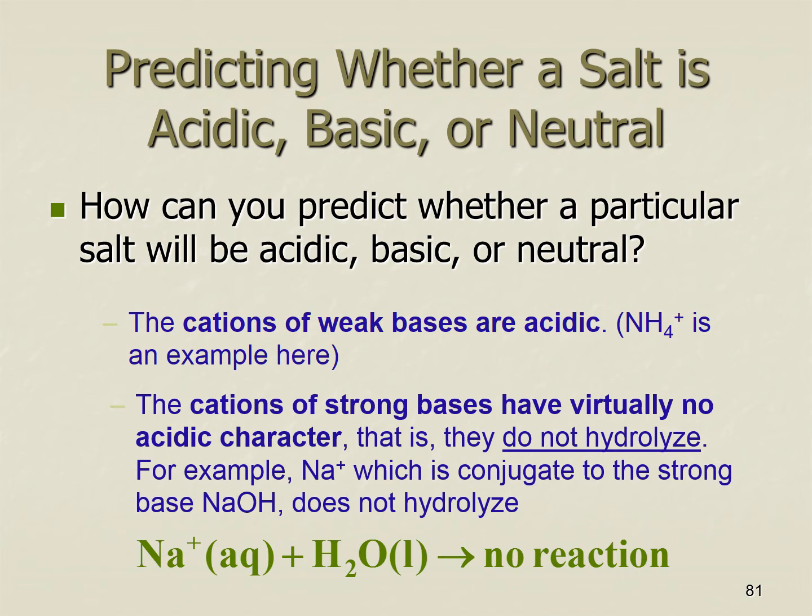It's a little bit harder to picture this, but any positive ion that comes from those 6 strong bases, so let's review those: Na plus, K plus, Rb plus, Ca plus 2, Sr plus 2, or Ba plus 2, any of those 6 positive ions from the very strong bases you can ignore when trying to figure out if a salt is acidic or basic. They basically don't hydrolyze, so you basically ignore them.